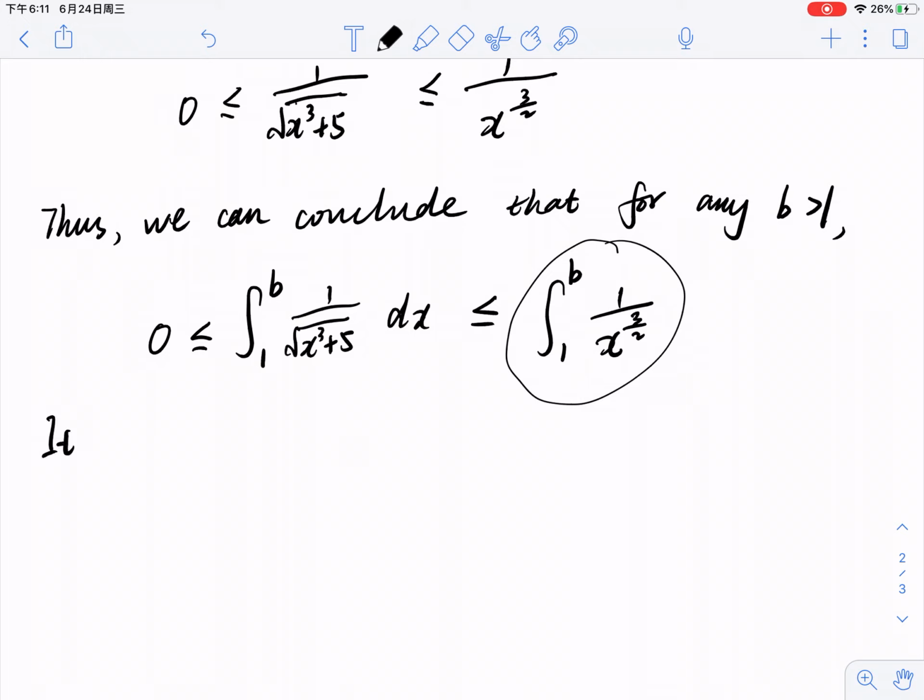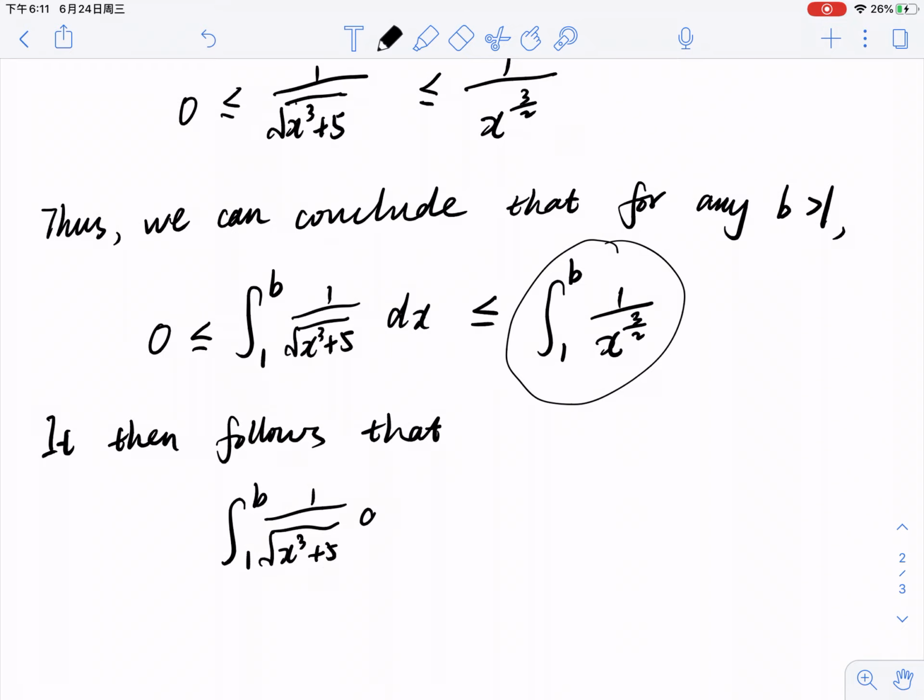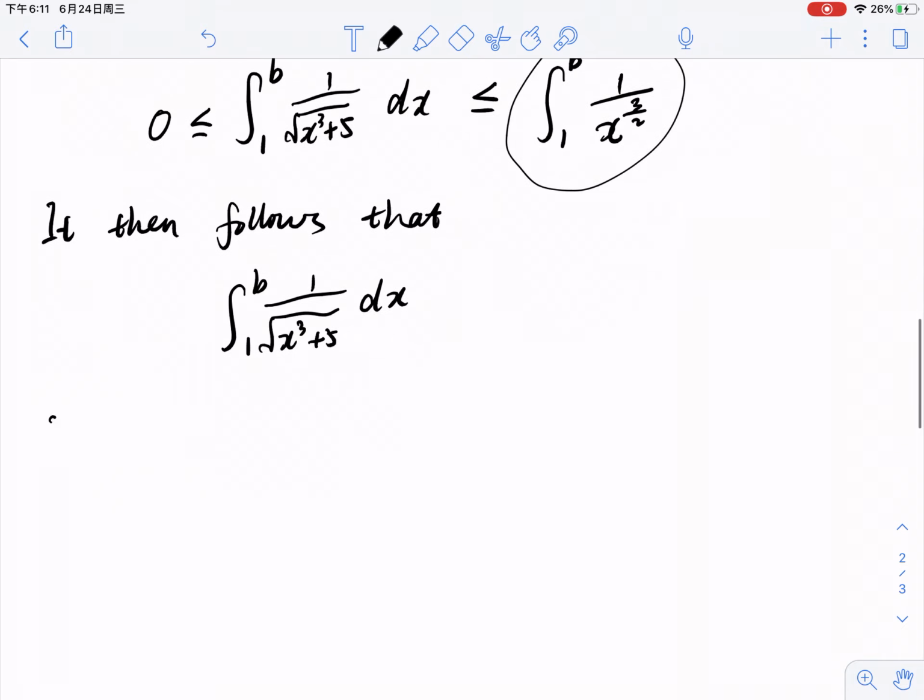It then follows that the integral from 1 to b of 1 over the square root of x cubed plus 5, dx must have a finite limit as b goes to infinity.